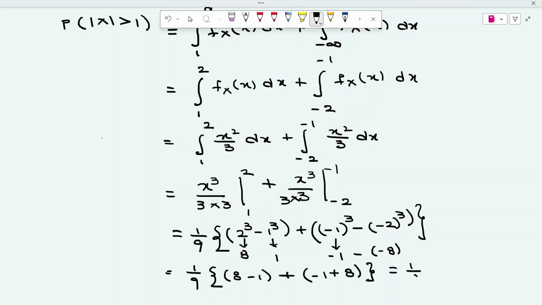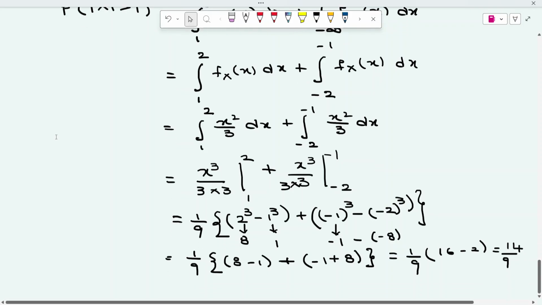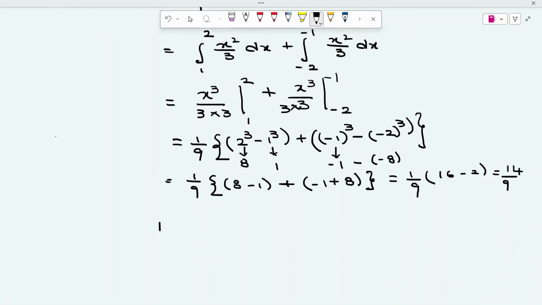If you simplify, 8 plus 8 is 16 and minus 2, so 16 minus 2 means 14. So 14 by 9. So the final answer, probability of mod x greater than 1, is 14 by 9.